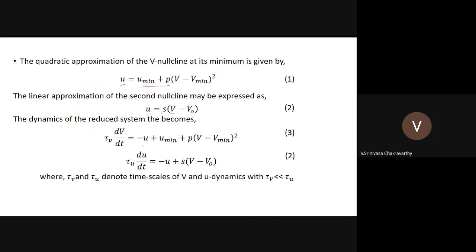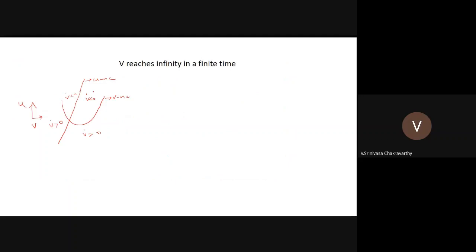Similarly, this expression equal to 0 is the U null line. If you again go above this straight line, since U appears with a minus sign, it will be negative. So above this, U dot is negative, and therefore here also U dot is negative, whereas below the line U dot is positive.